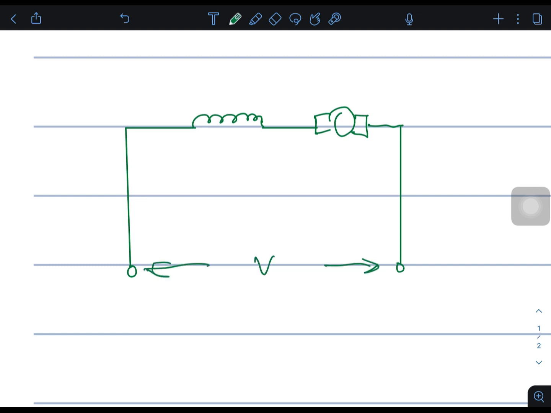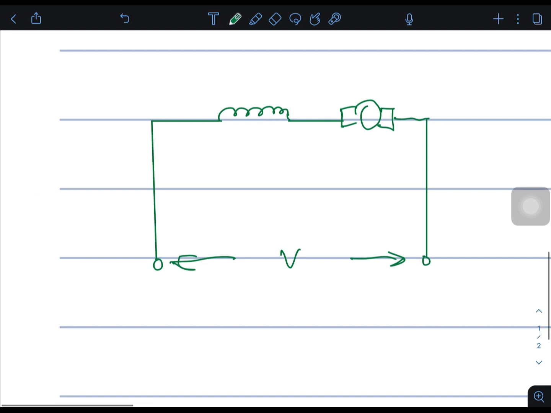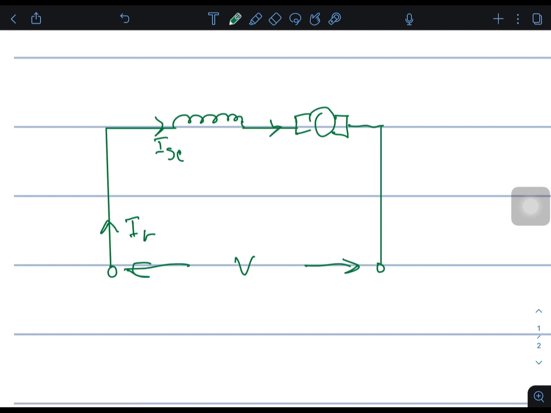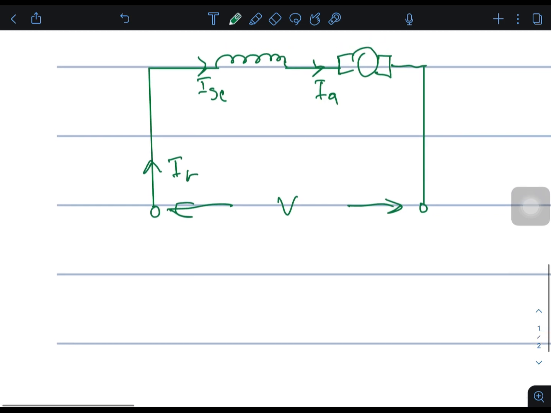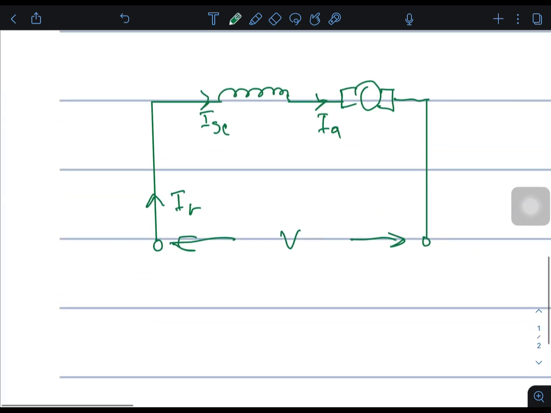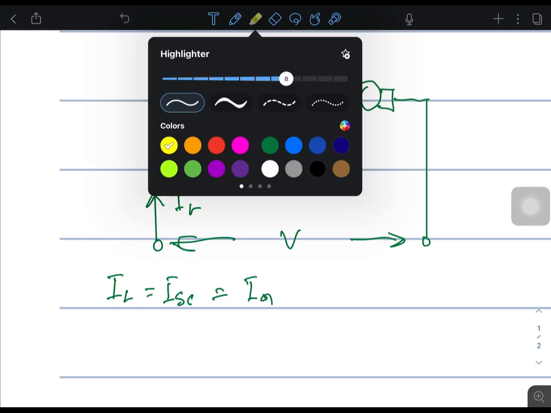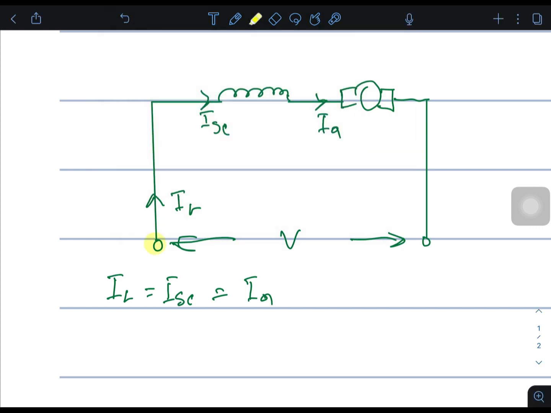With a series motor, guys, we have the load current coming from the source, and there is the series current and the armature current. With a series motor, we can see that I load is equal to I series is equal to I armature, because this is a series circuit, with current flowing in only one loop.